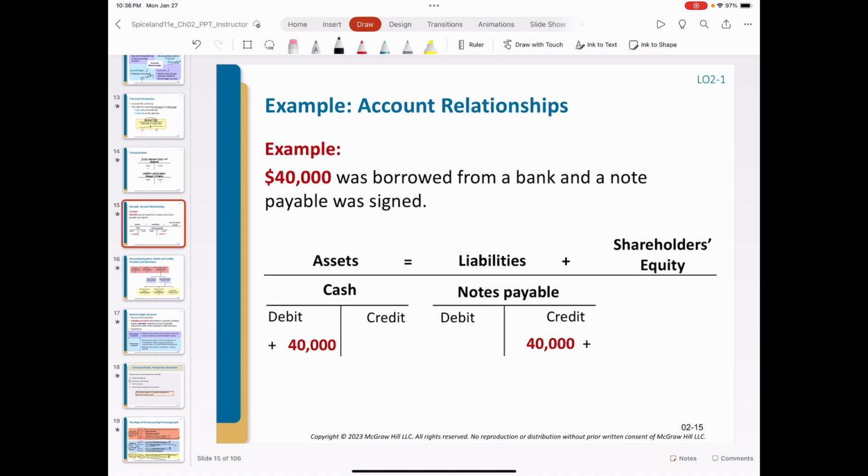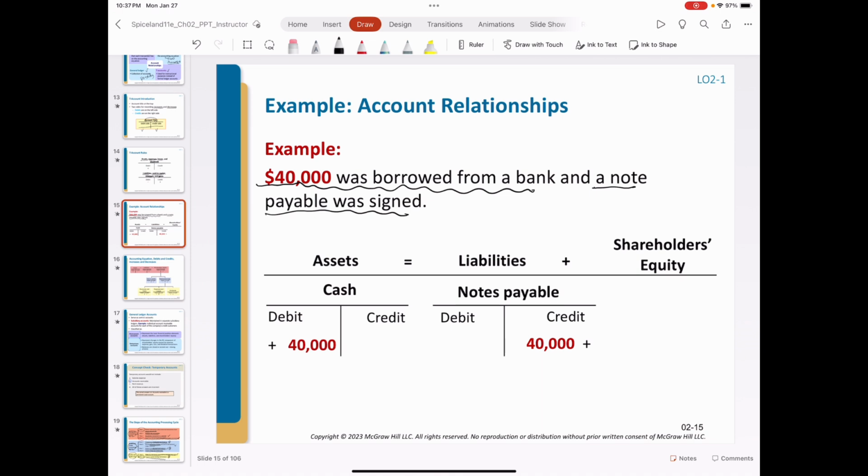Just to show you one simple example. This transaction was borrowed from the prior example. $40,000 was borrowed from the bank, and a note payable was signed. So for this transaction, we know the company who borrowed money from the bank will receive the fund, $40,000.